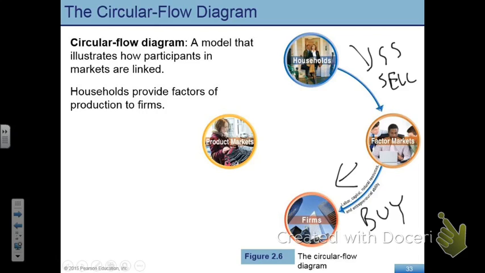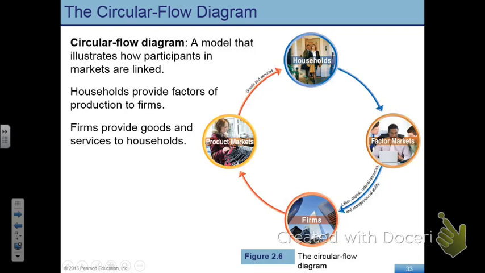So stuff is starting from our household, ending up in our firm. That's the factor market. Our firm is buying those factors of production, land, labor, and capital, putting that in the production process, and then they are producing goods which they are going to supply to the product market.